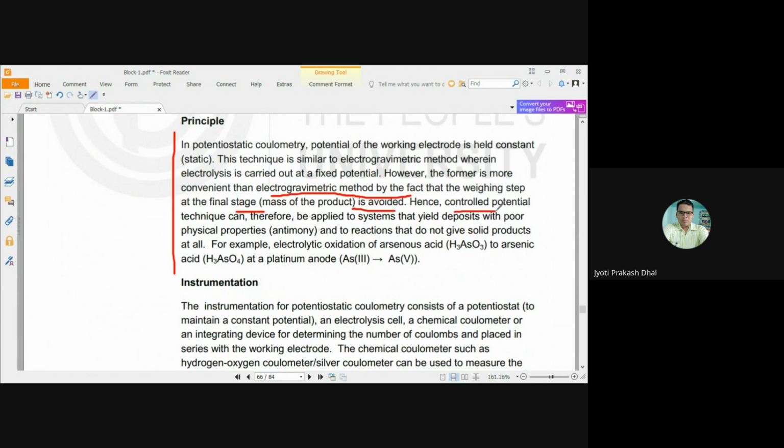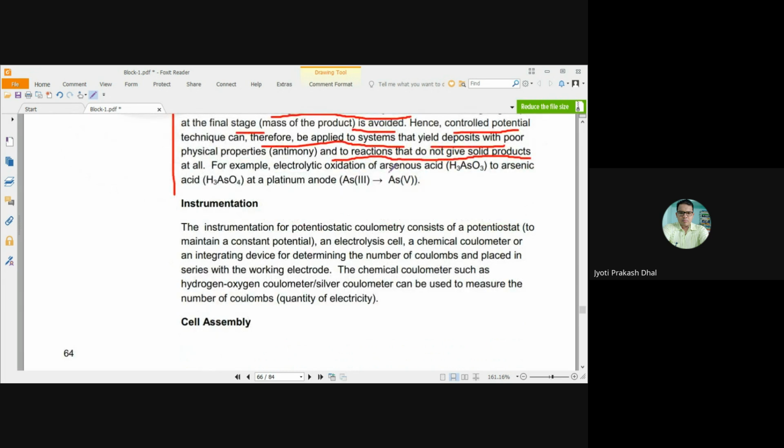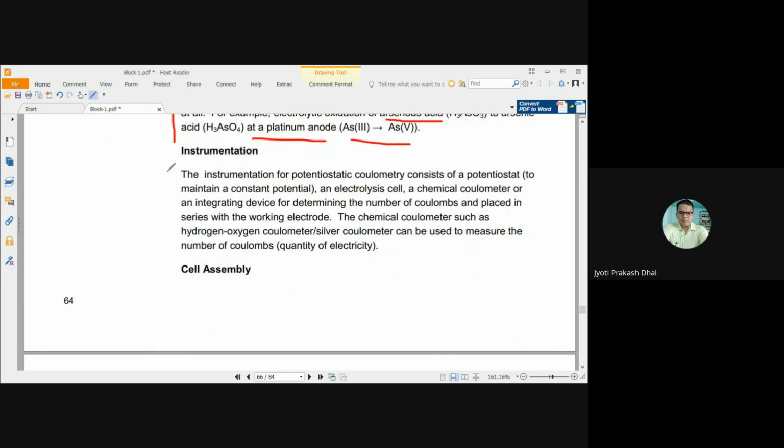Hence, the controlled potential technique can be applied to systems that yield deposits with poor physical properties, for example antimony, and to reactions that do not give any solid product at all. For example, the electrolytic oxidation of arsenous acid to arsenic acid at the platinum electrode can take place. So this is the instrumentation part.